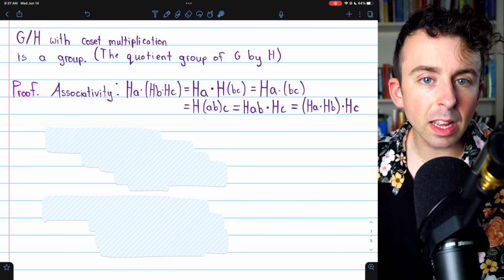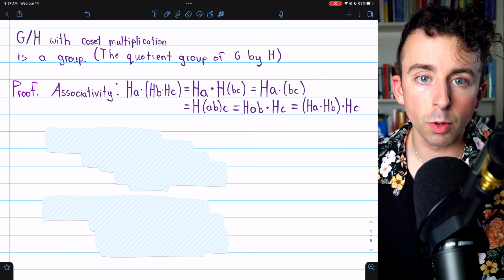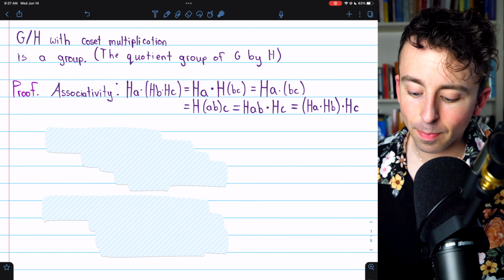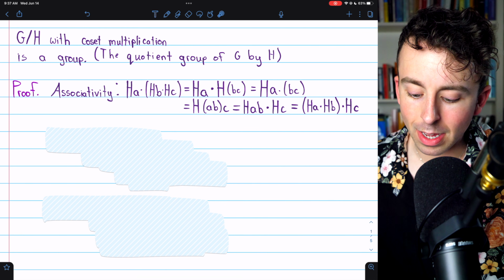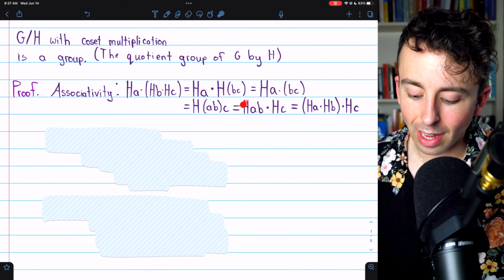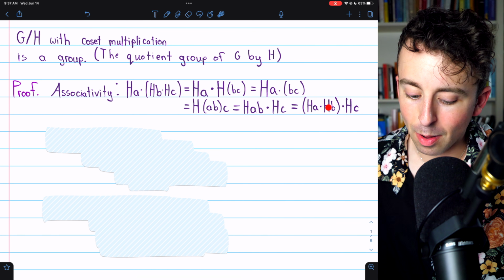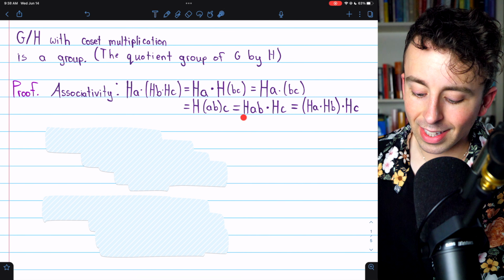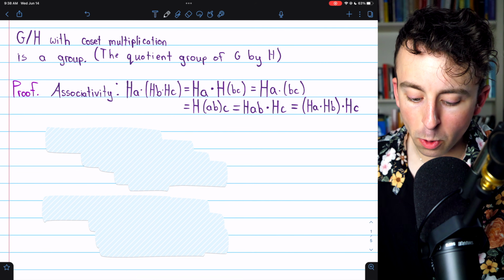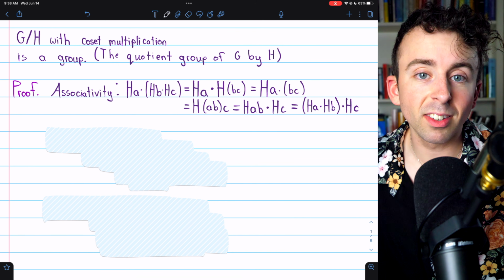But by the associativity of the group G, remember that A, B, and C are all from the group G, this coset, HA times BC, is the same as HAB times C. By definition of coset multiplication, that's the same as the coset HAB times the coset HC, which is the same as HA times HB times HC. This last step is again an application of the definition of coset multiplication. In total, we were able to move the parentheses from HB times HC to HA times HB, proving associativity for coset multiplication.